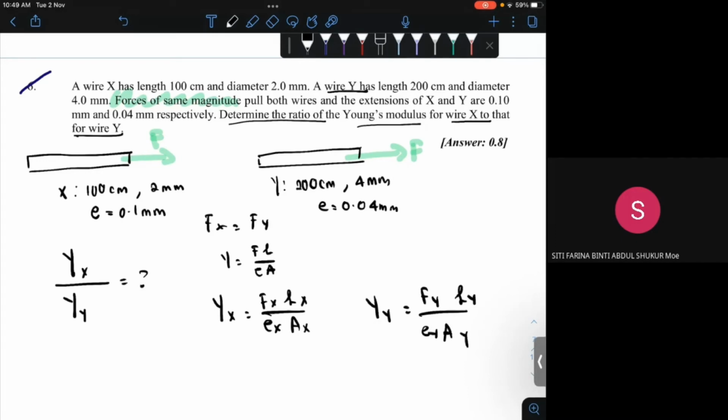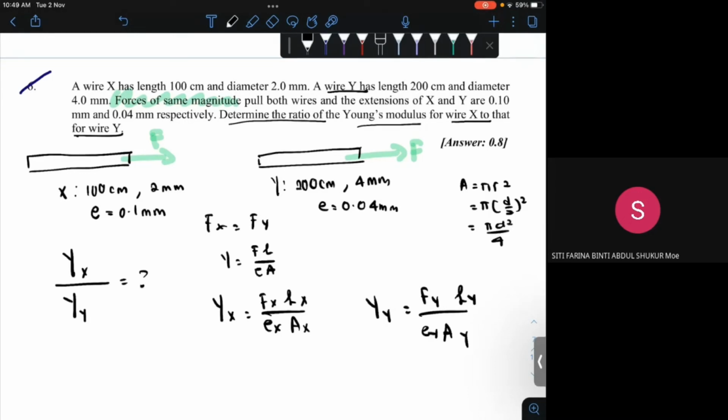area Y. Area dia tak bagi tapi dia bagi diameter. From diameter awak boleh cari area. Equation dia adalah area adalah pi r square. Soalan bagi diameter. Okay, diameter dengan radius d over 2. So dia akan jadi pi d square over 4.